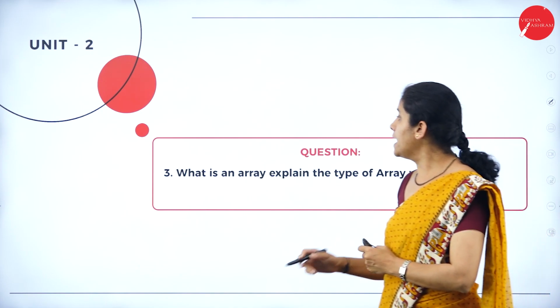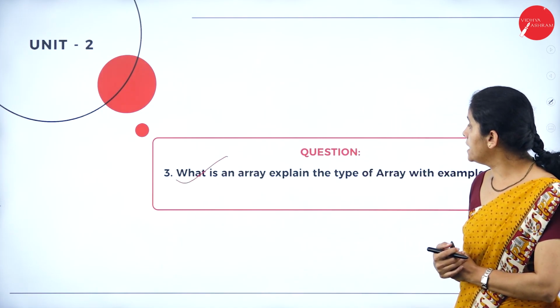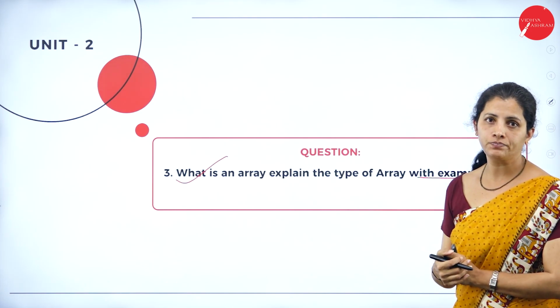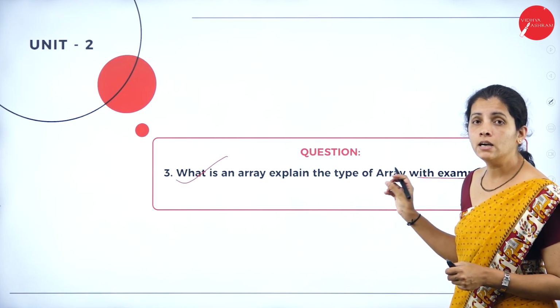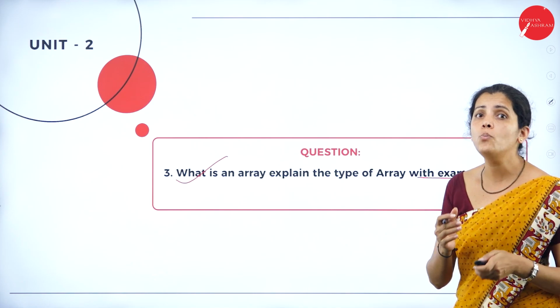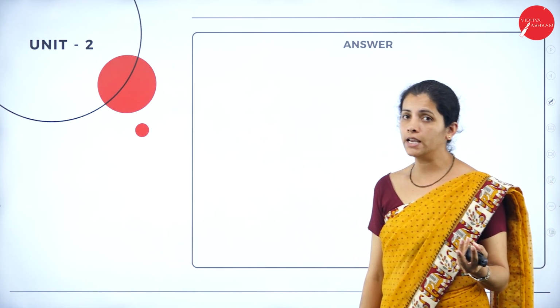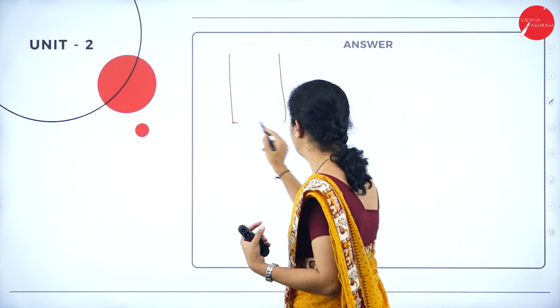Okay, fine. Then I am going to have: what is an array, explain the types of array with example. So what is an array? An array is nothing but a collection of homogeneous elements. So what is a homogeneous element? Think that I have one basket.